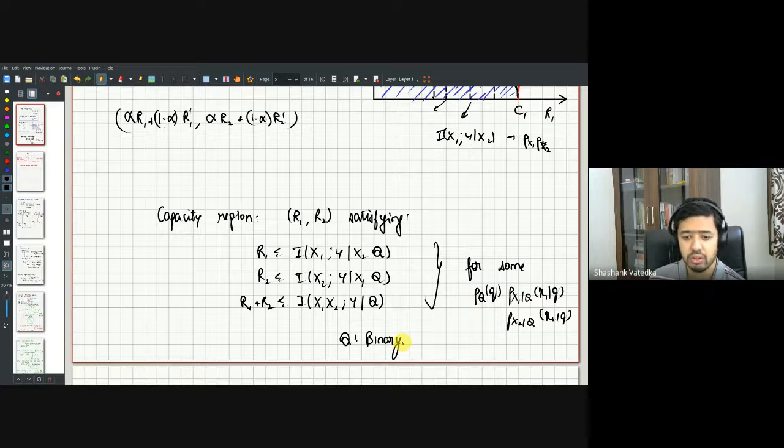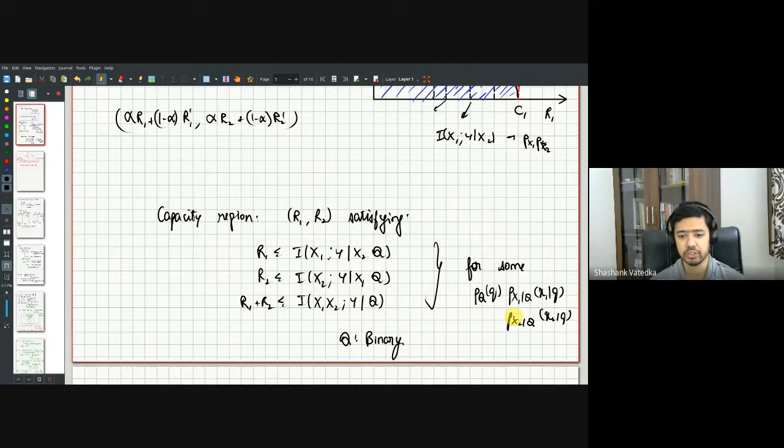Even the textbook, I believe, doesn't give a proof of the theorem itself, but it suffices to know that as long as you have a connected compact convex set, you can represent any point in this set as a convex combination of 2 points, right? And so Q can be taken to be binary. So Q can be taken to be a Bernoulli random variable, and X1 and X2 are of course specified.